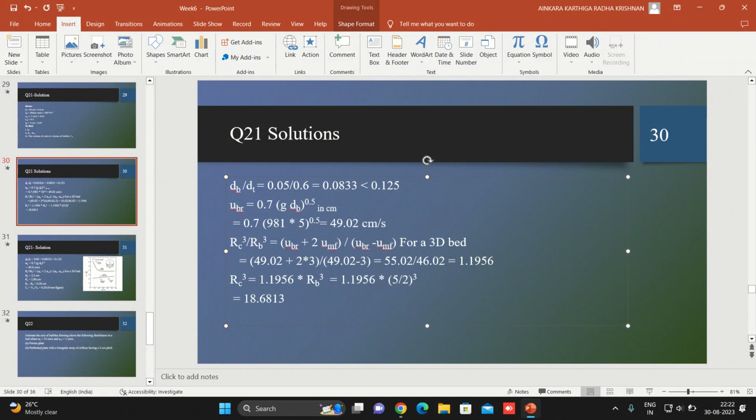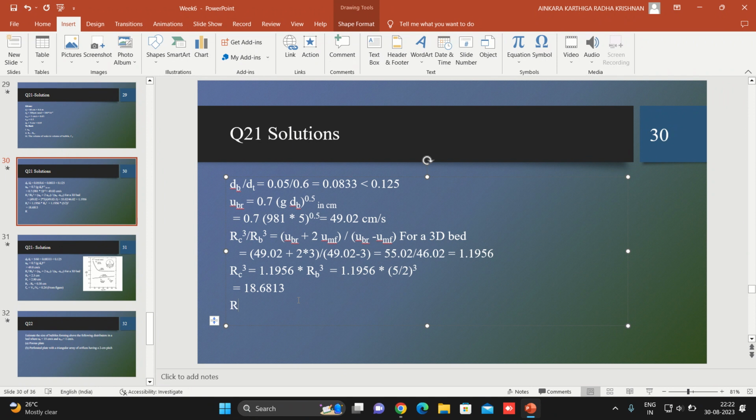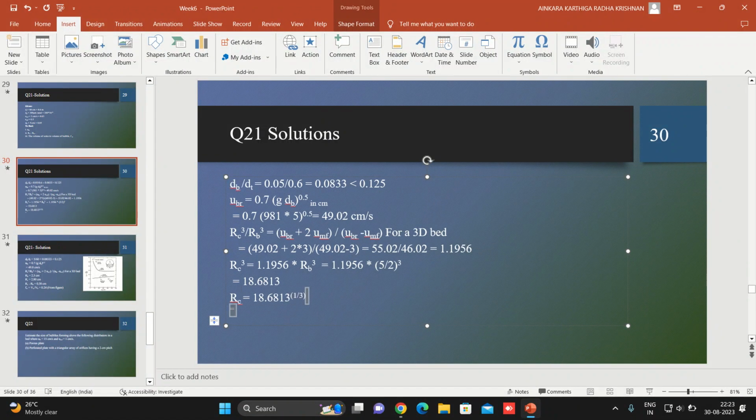If that is the case, then RC is equal to 18.6813 to the power 1 divided by 3, which is equal to 2.6533.